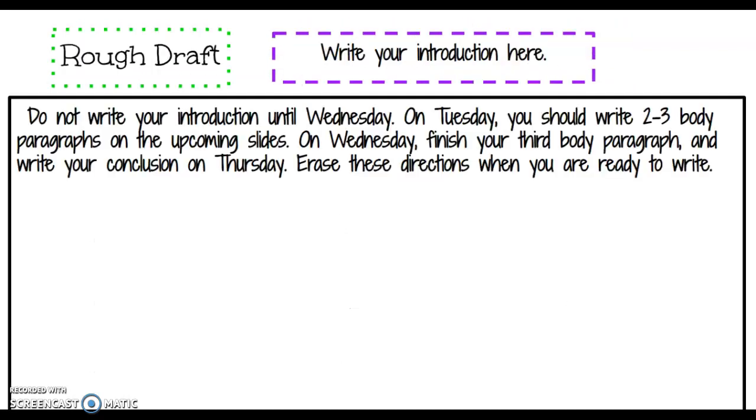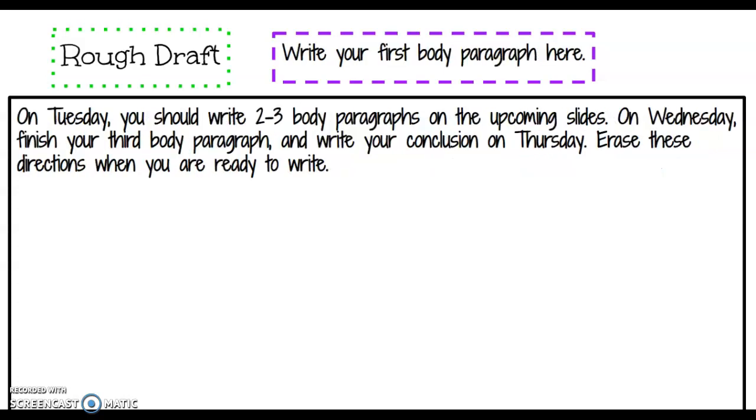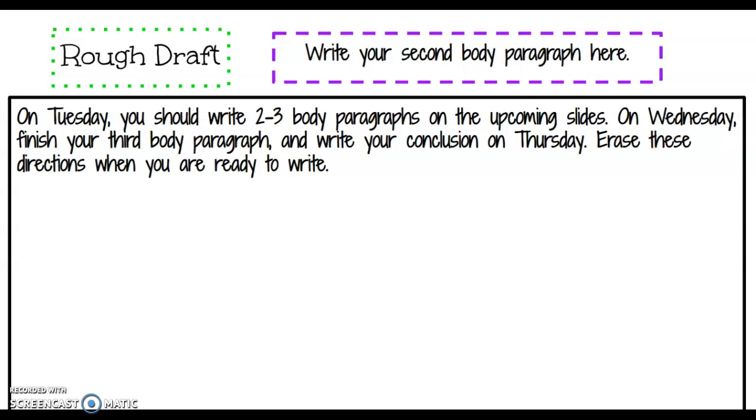And so here, there's going to be a rough draft slide where it says, do not write your introduction until Wednesday. On Tuesday, you're going to do the body paragraph. So this first slide, you're not going to write on today. That's for your introduction. Today is your first body paragraph and your second body paragraph, which is what I'll be explaining today.